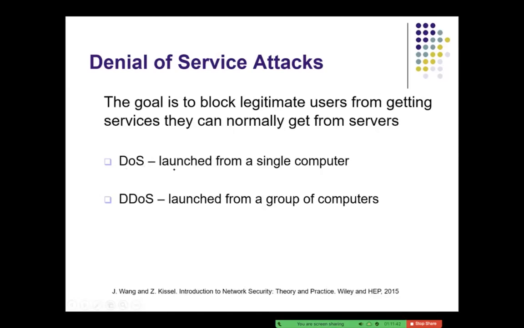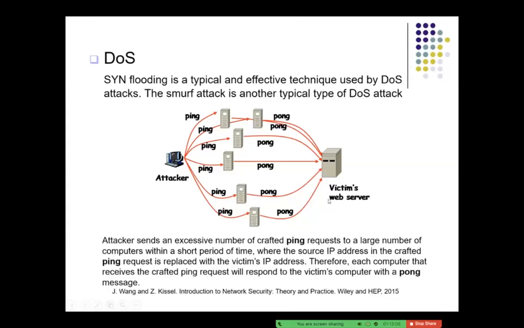DoS is launched from a single computer, and a DDoS will be launched from a group of computers. Of course, the attackers will still control this group of computers, and this group of computers are usually called zombies.